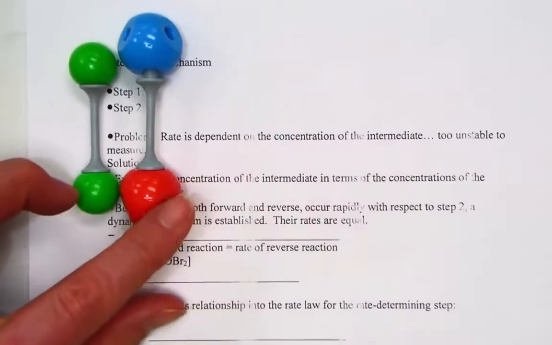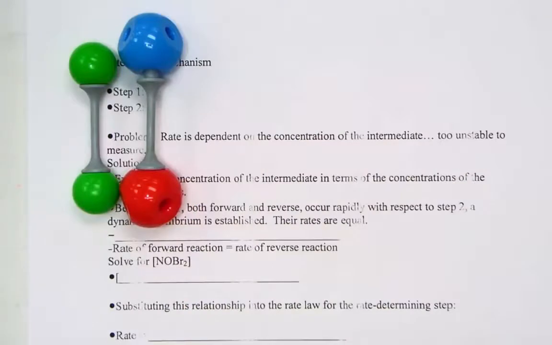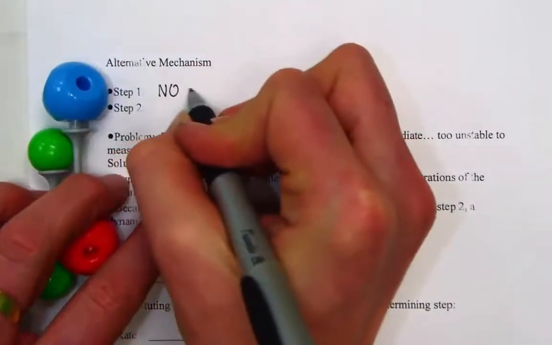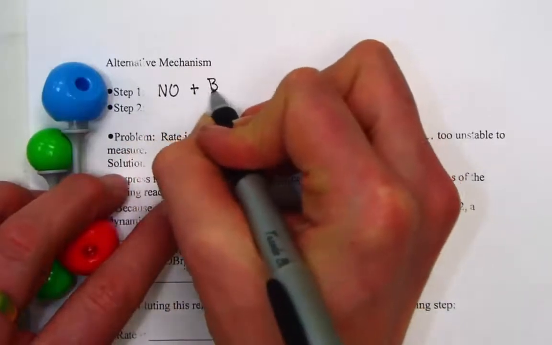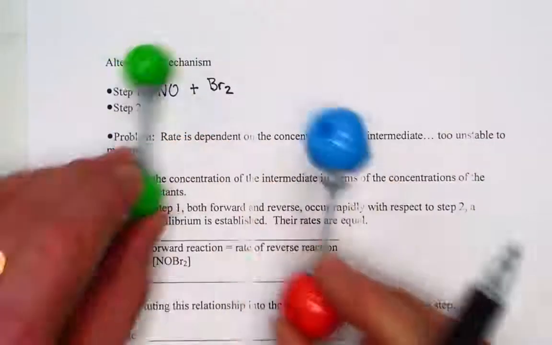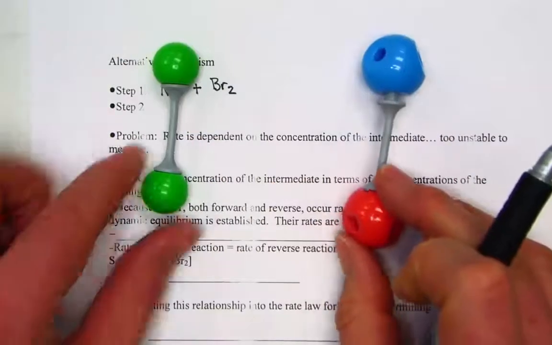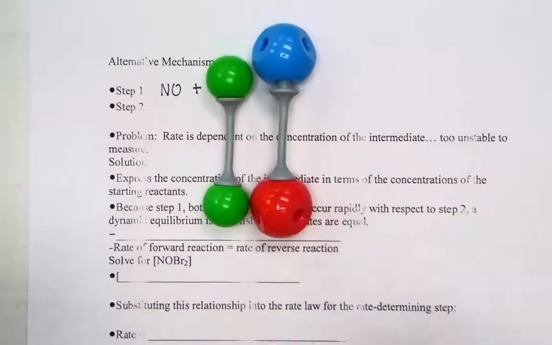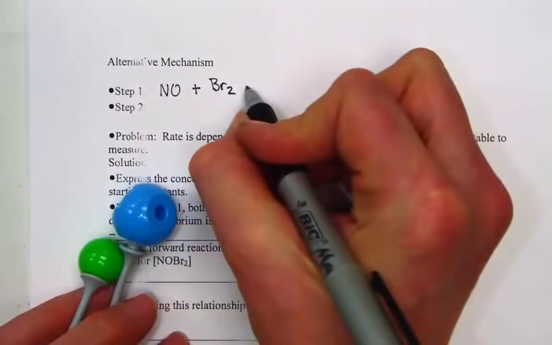Let's propose in a first collision that I take a molecule of NO and collide it with a molecule of Br2. When an NO and a Br2 collide, that's a bimolecular elementary reaction that's very likely. So I'm all right here.